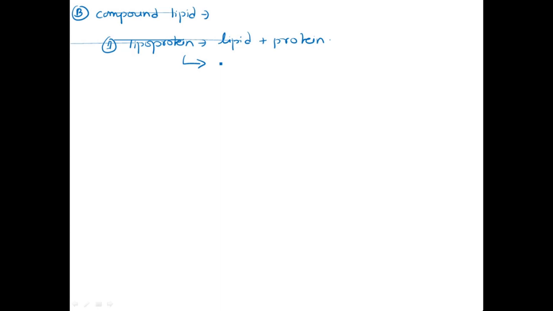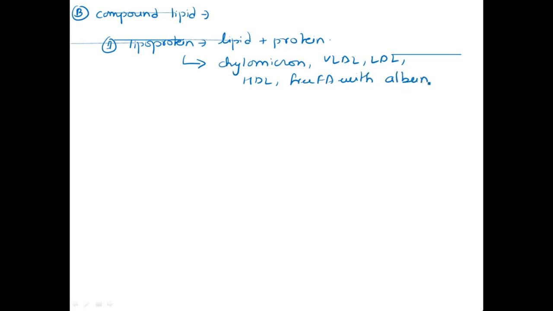There are 5 classes of lipoprotein called chylomicron, VLDL, LDL, HDL, and free fatty acids that will combine with albumin. So there are 5 classes of lipoprotein, and these lipoproteins are involved in transport of lipid. We will have a separate video.